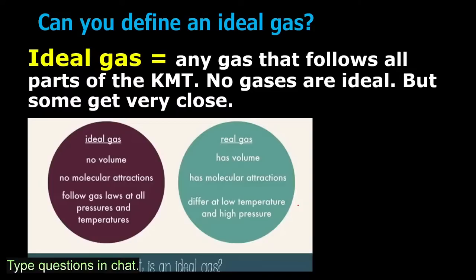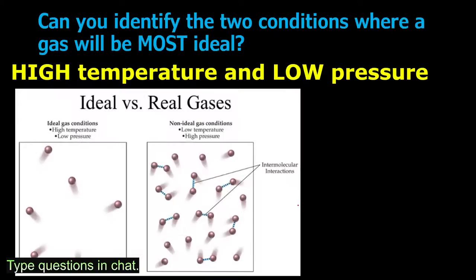So if you're trying to pick which of the following is most ideal, pick the smallest or pick the non-polar one. And when they're most ideal is at high temperature. Why? Because the particles have to be moving fast. And low pressure. Why? Because there's more space between the molecules. I need more space in order for them to be more ideal.